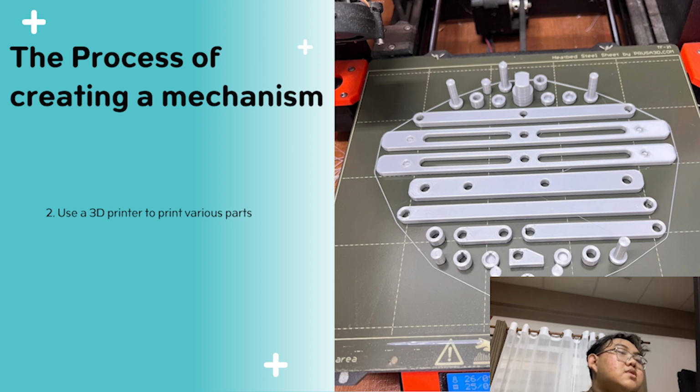Once the printing is complete, we will carefully remove the components from the base and scrape the pin section using fine sandpaper. Next, we will take the acrylic sheets we purchased and use a CNC machine to drill the necessary holes.